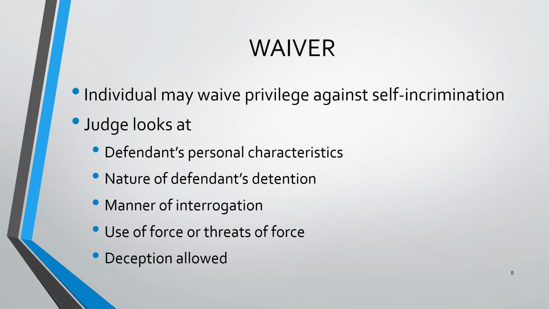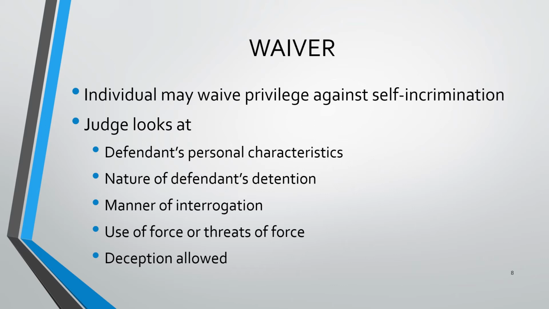An individual may expressly waive the protection of the privilege against self-incrimination. Basically, an individual may waive the rights under Miranda to remain silent and/or to have an attorney. Before a confession of guilt will be allowed to be admitted into evidence, however, the trial judge must find that it was voluntarily made.